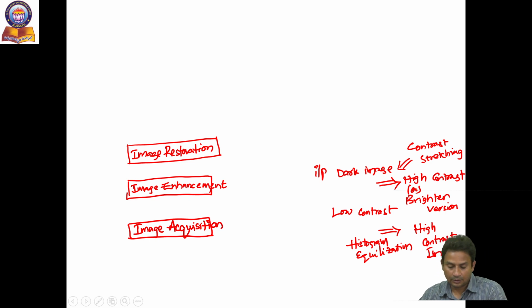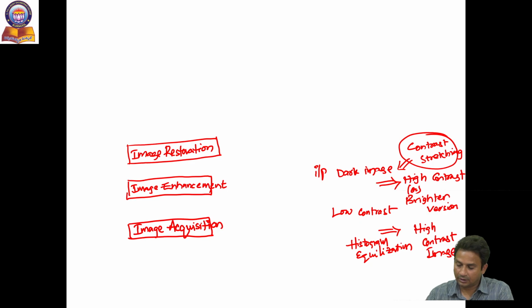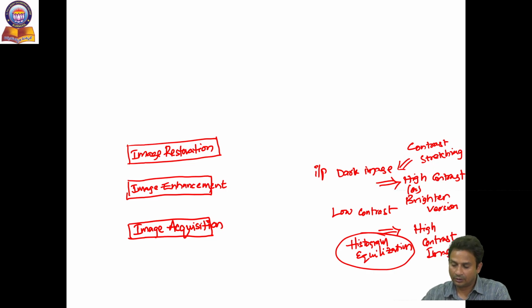These are simple examples of image enhancement. The results of procedures like contrast stretching and histogram equalization are evaluated by side-by-side comparison of their outputs, which is a completely subjective process. The results are evaluated only by human observers.